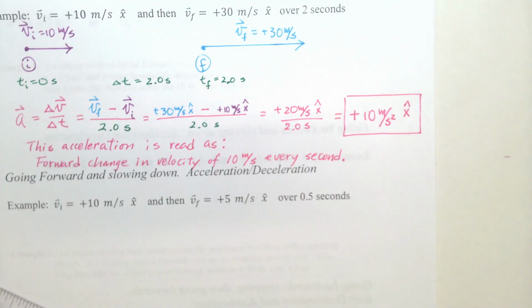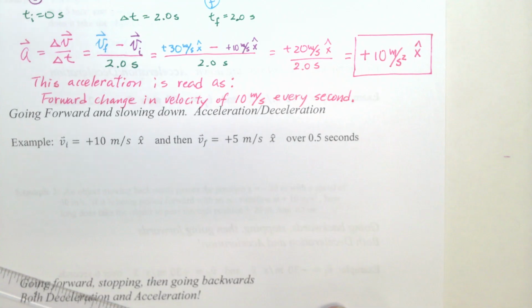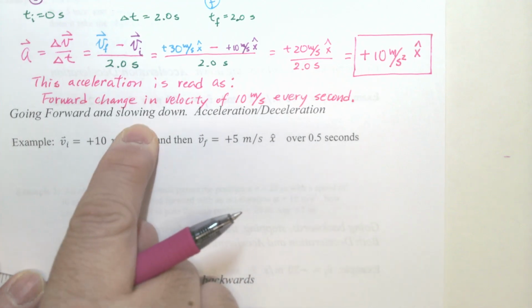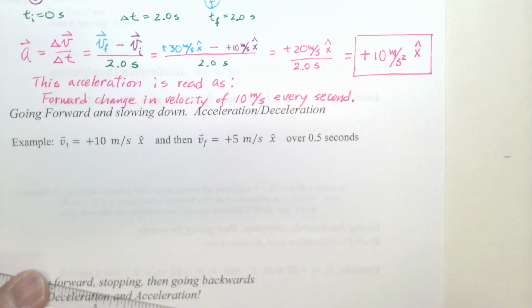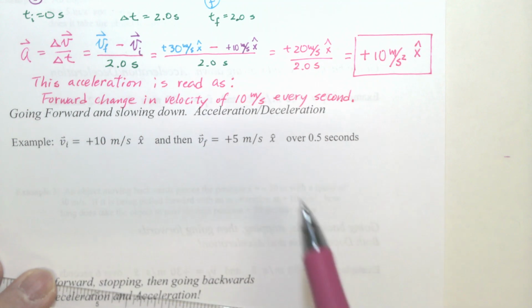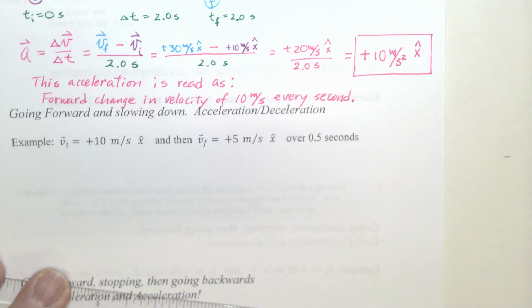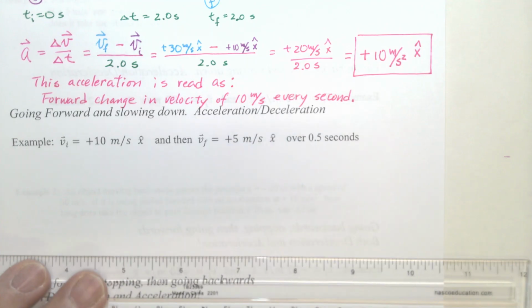Now let's take a look at another example where we are going forward and slowing down. Okay? This is also known as deceleration. Okay? When things are slowing down.